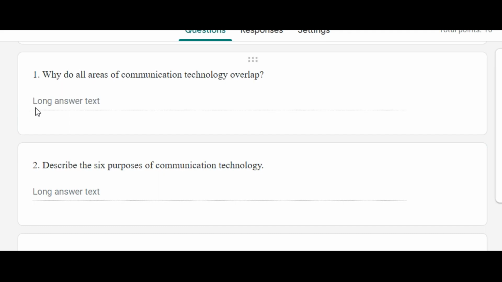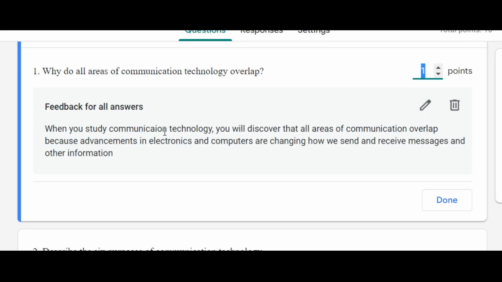Number 1, why do all areas of communication technology overlap? When you study communication technology, you will discover that all areas of communication overlap because advancements in electronics and computers are changing how we send and receive messages and other information.